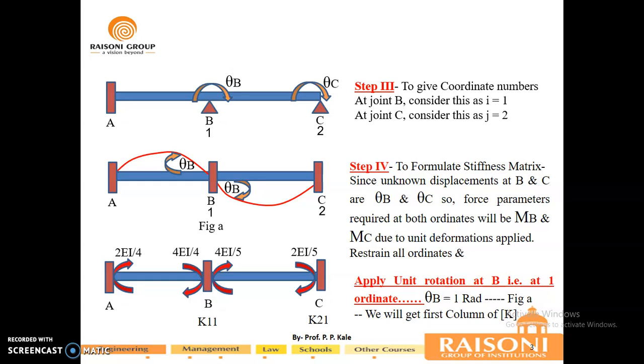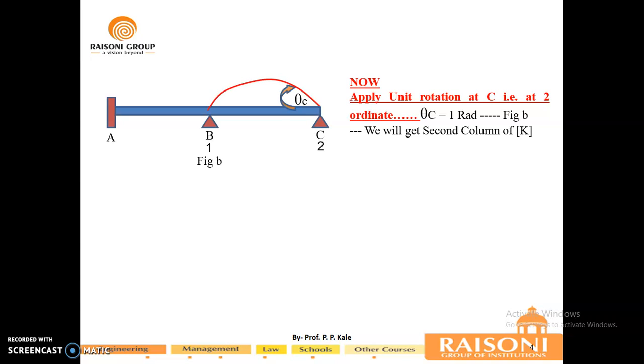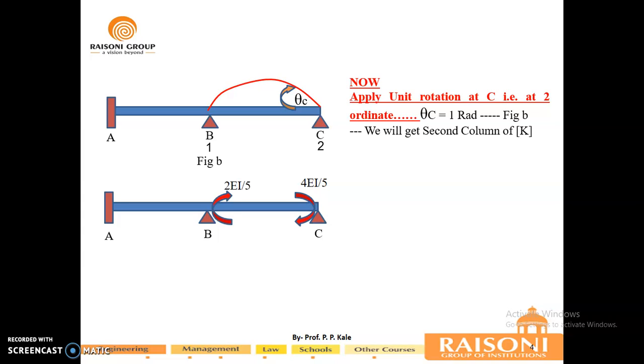Similarly, for getting the second column of the stiffness matrix, we have to apply unit rotation at the second ordinate. So applying theta c equal to 1 at joint C and considering B and C as fixed supports, the moment generated at C will be 4EI upon L, that is 4EI upon 5, and at the other end of this beam, at the B end, it will be 2EI upon 5.